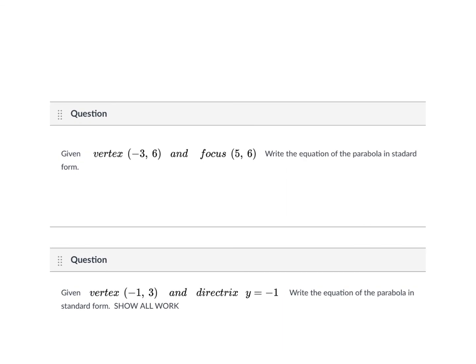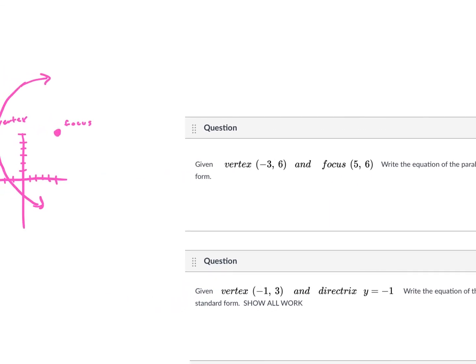For our standard form of a parabola, since it opens to the side, the y is squared, so y minus k squared is equal to 4p times x minus h. So we need h and k and p. What's our h and k? The vertex, so we have our h and k.